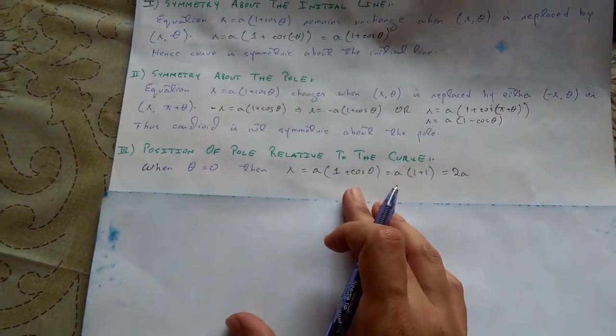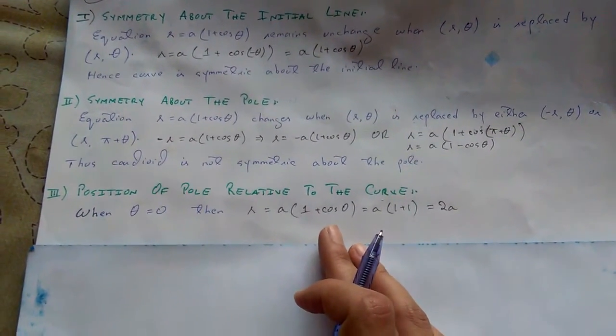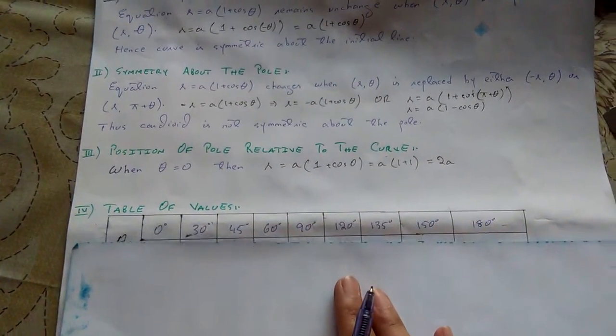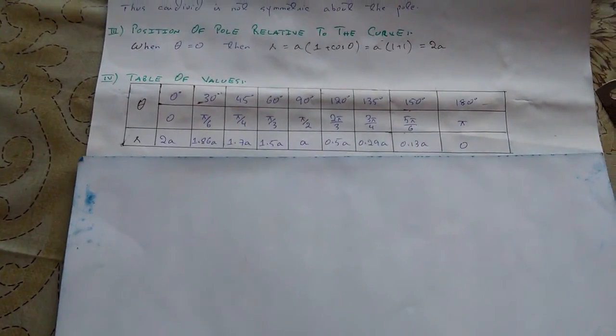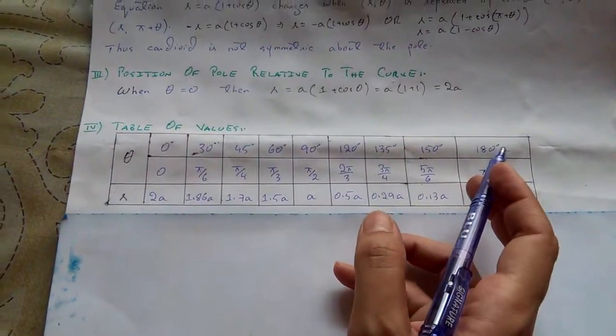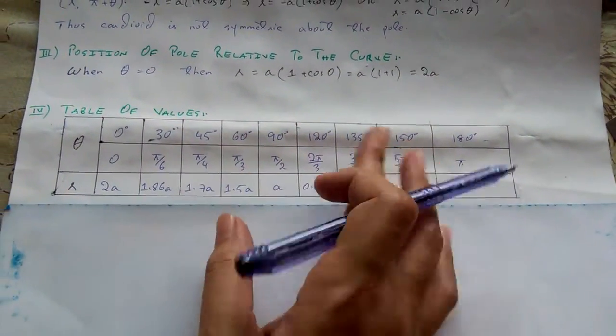Now the fourth thing is that we have to find the table of values. After that we would be able to sketch the cardioid. So over here I just tried to manage the table of values. I selected a couple of angles between 0, including 0, and 180 degrees, and I just picked up these angles here.